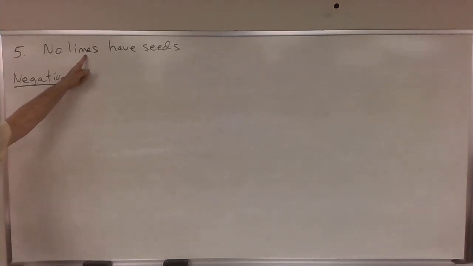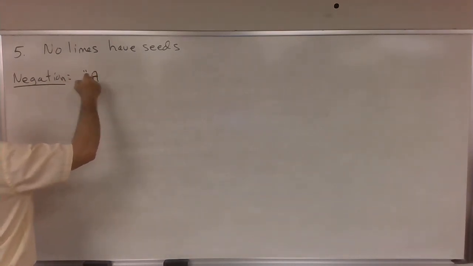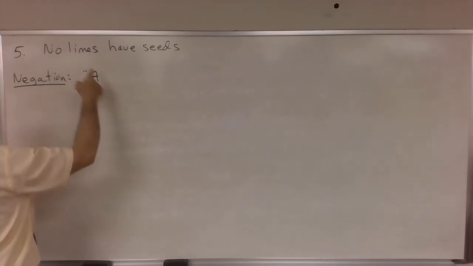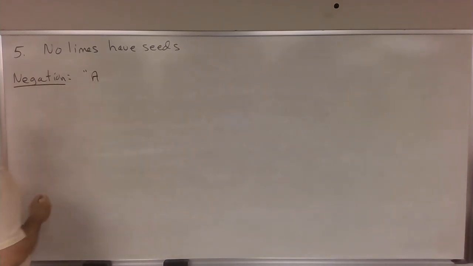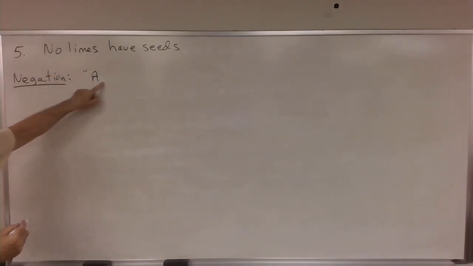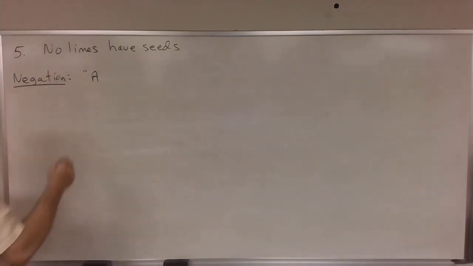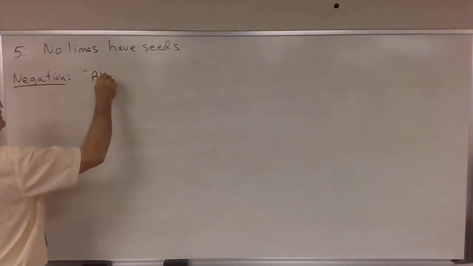What absolutely has to be true in order to make this false? At least one lime does have seeds. So the negation of none do is at least one does. There we go. The negation of none do, at least one does.